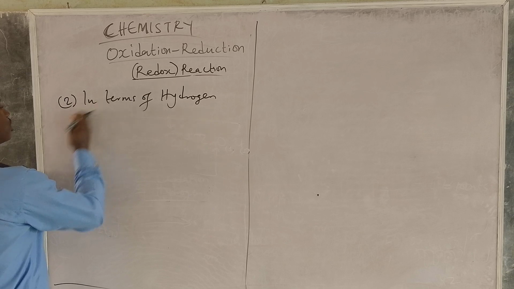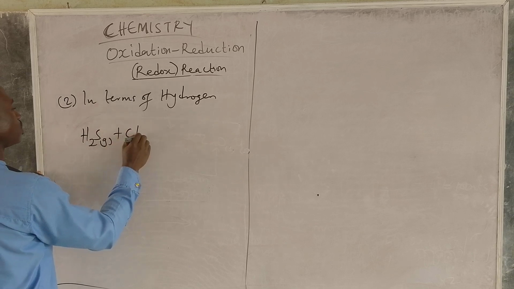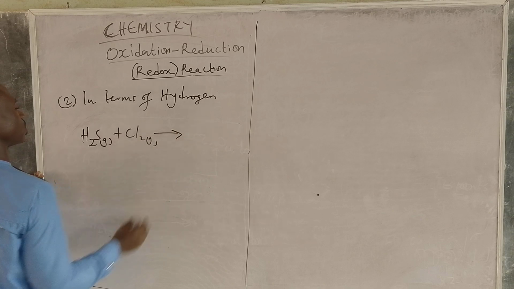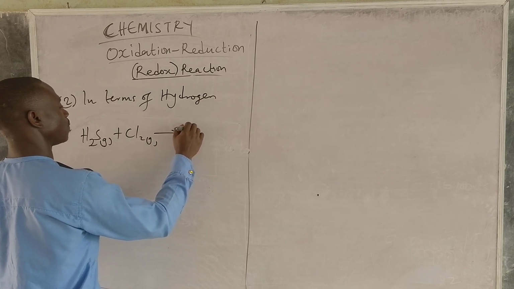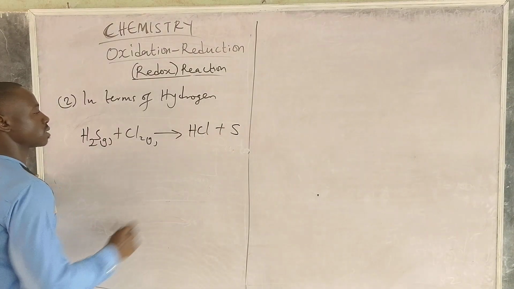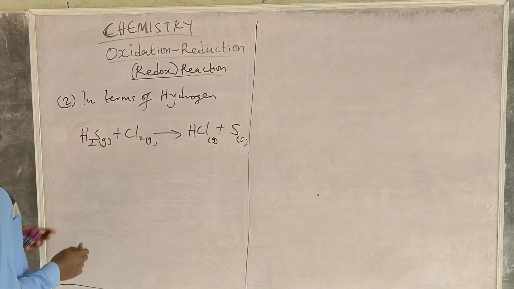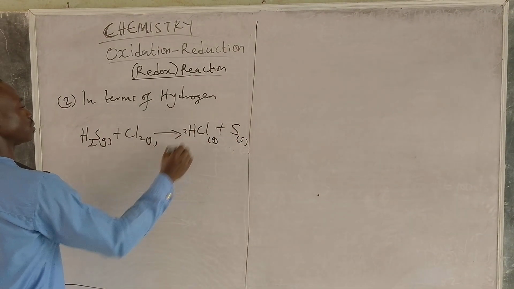So if you have H2S, hydrogen sulfide gas, plus chlorine gas to give HCl plus sulfur. All right. Let me balance my equation by putting 2 here.